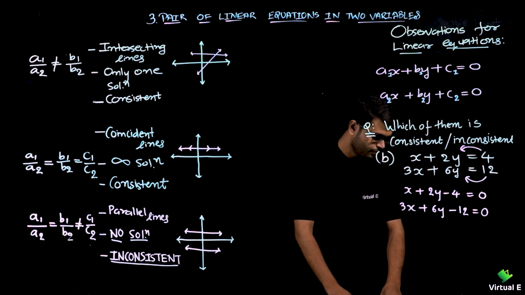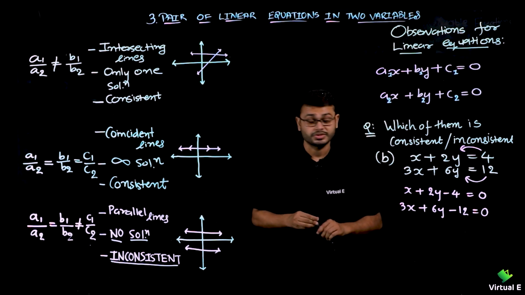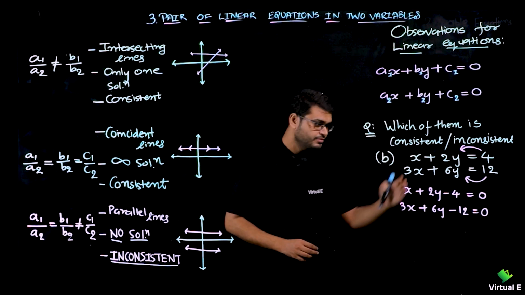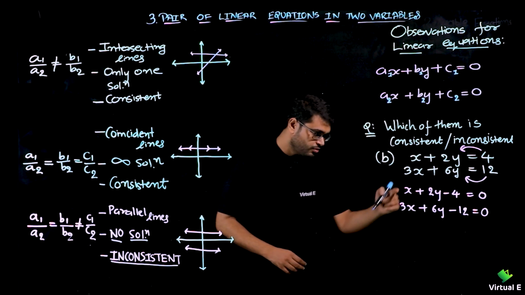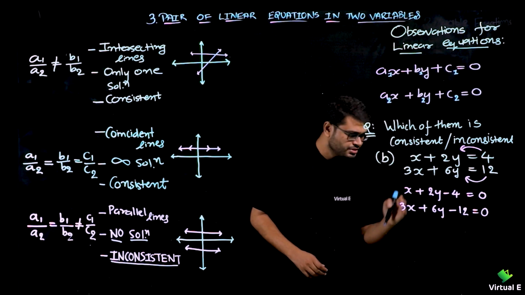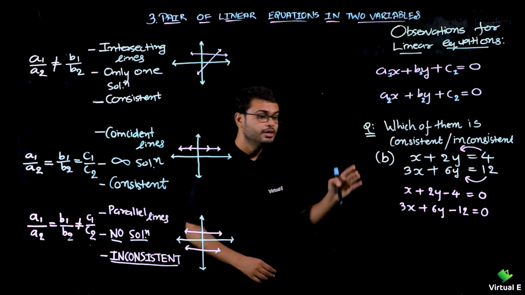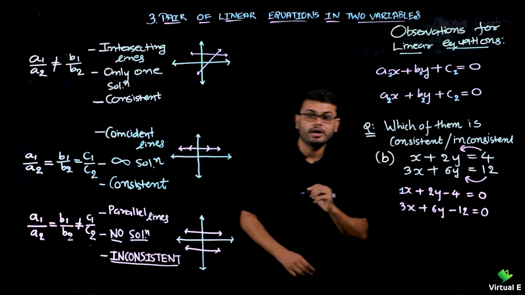Now we are going to take ratios. We will take ratios of the coefficients of x, coefficients of y, and then the constants. You may get confused that x has no coefficient. I told you that if there is no coefficient, you need to write it as 1.